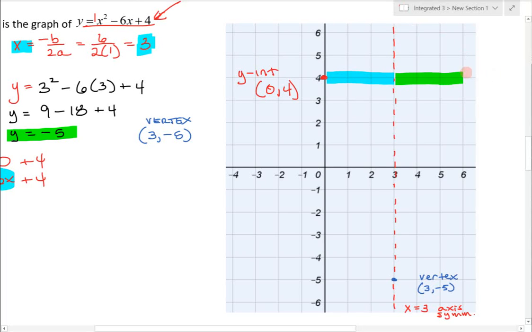And that should copy to a point right there, which is now going to be 6, 4, which now allows me with those 3 points, that's enough to graph this parabola.